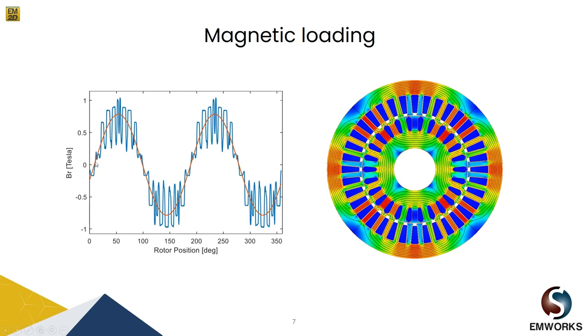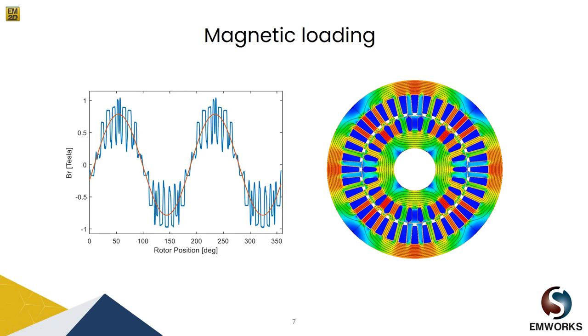So you can see here the flux density waveform and its fundamental harmonic, right? Because I used a fine mesh, you can see the flux density waveform with a good resolution here, and you can see the effect of stator and rotor teeth, right?